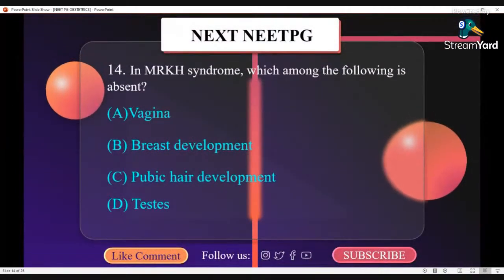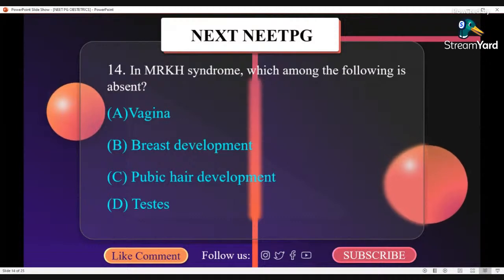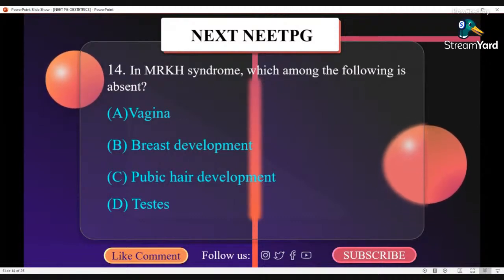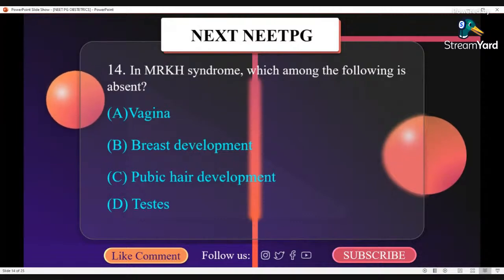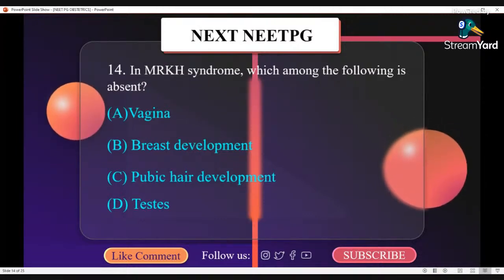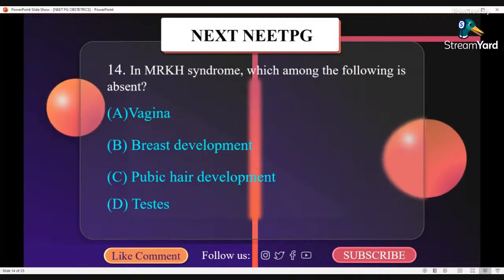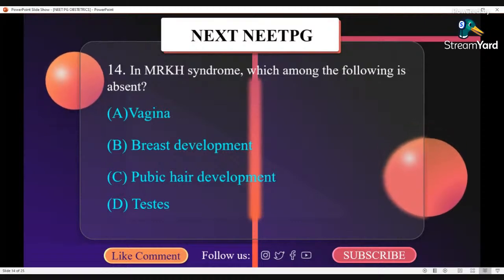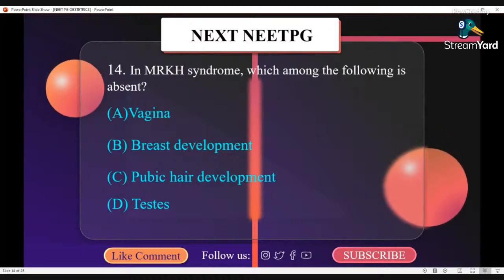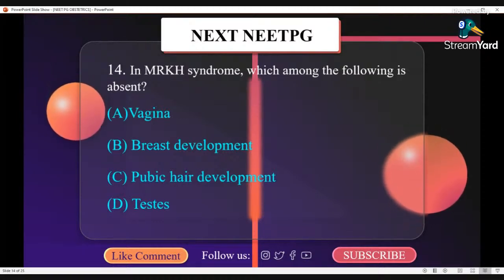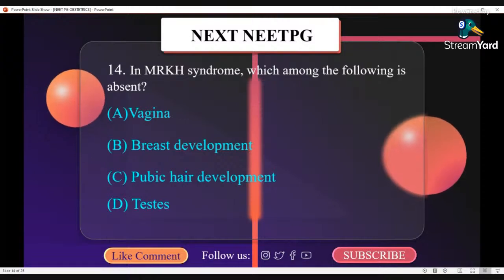In MRKH syndrome, which among the following is absent? A, vagina. B, breast development. C, pubic hair development. D, testes. Now, MRKH, what is the full form of MRKH? Mayer-Rokitansky-Küster-Hauser syndrome.